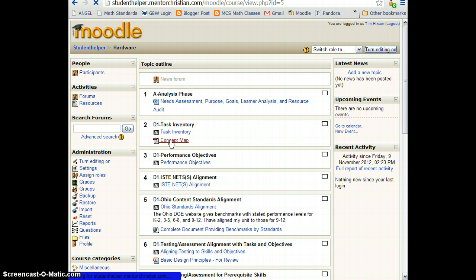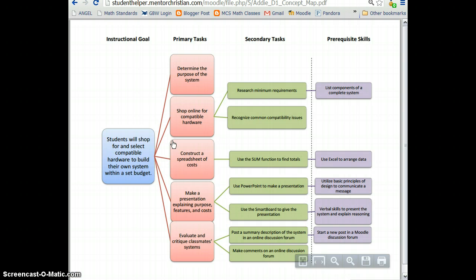I'll click on the concept map here so we can see the basic idea. Before this, in our class, we did a unit on actual construction. I had some old computers that they got to take apart and put back together. But for this unit, they were then going to find the parts that they would actually put into their computers.